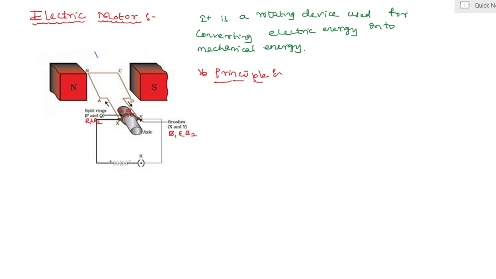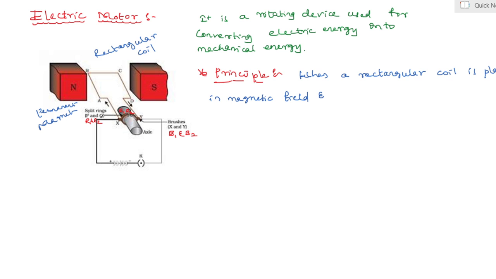Yes, my dear students, it means when a rectangular coil, when a rectangular coil is placed in magnetic field, magnetic field, and current is passed through it, current is passed through it.